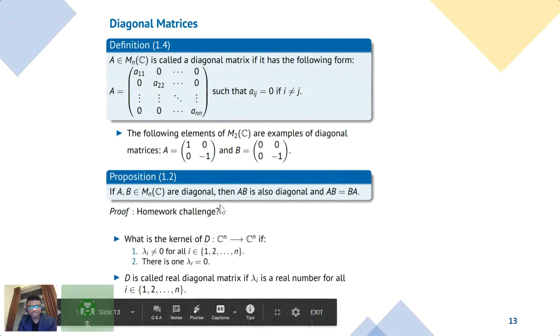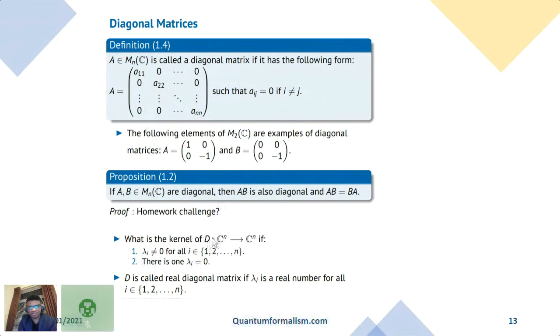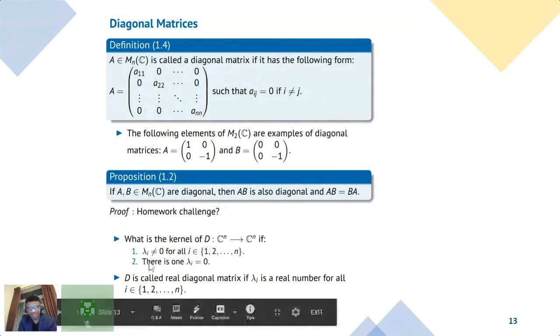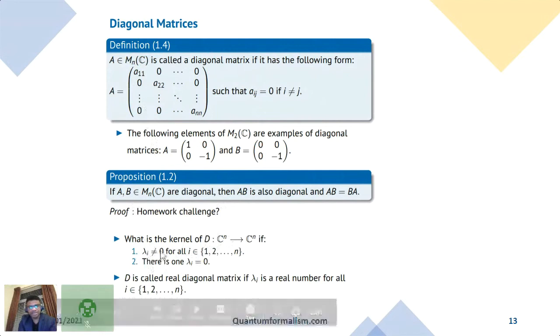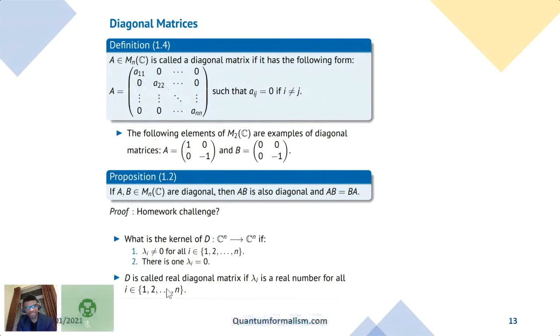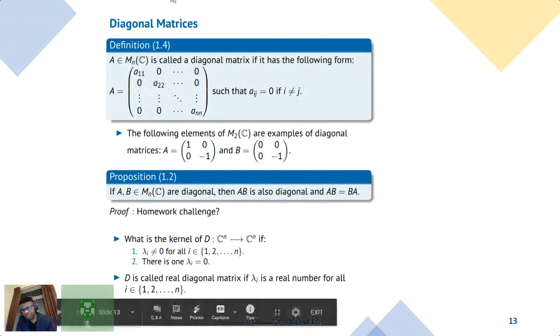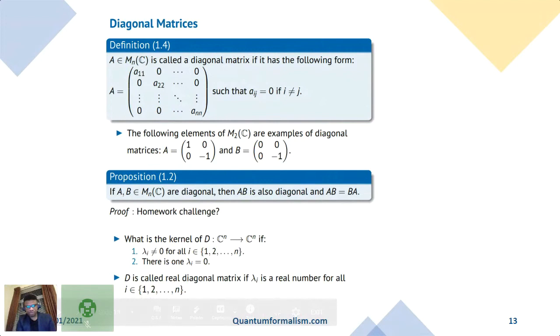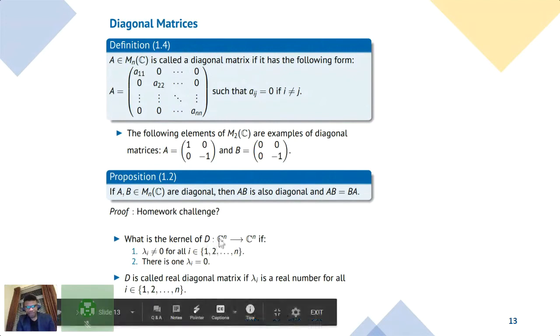I meant to give an example of a diagonal matrix with the lambdas on it. I will correct the slide. Apologies for the confusion. I meant to write D with the lambdas as its components.